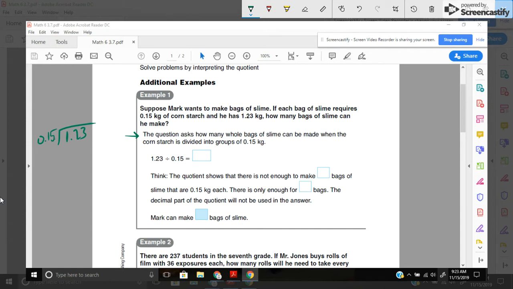Okay, remember that we need to move our decimal to make this outside number a whole number. And if we multiply our divisor by 100, we also need to multiply our dividend by 100. In other words, move the decimal 2 spots. So this is the same as 123 divided by 15. Okay, well, how many times then does 15 go into 123?